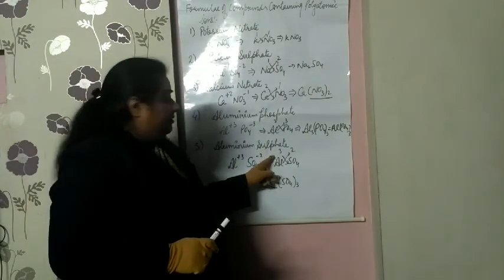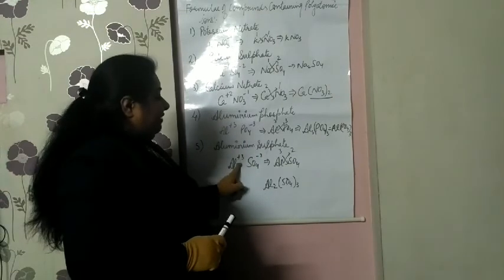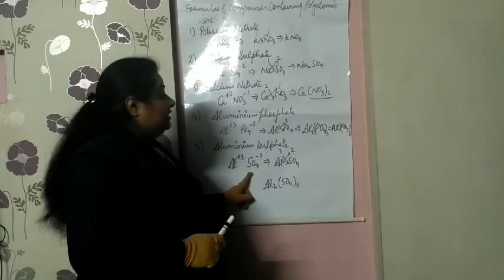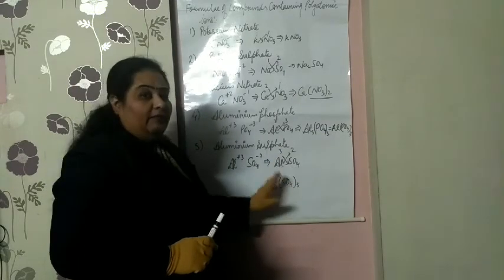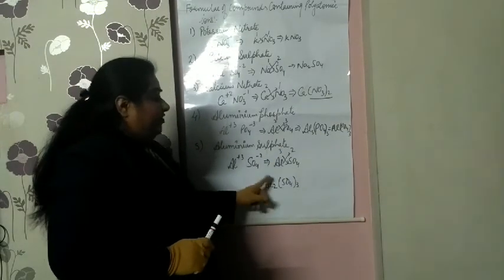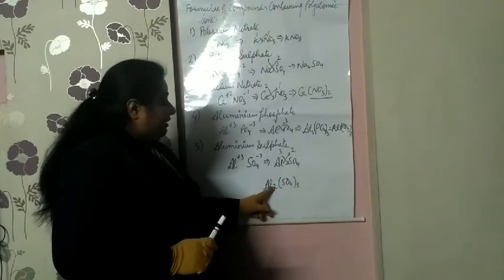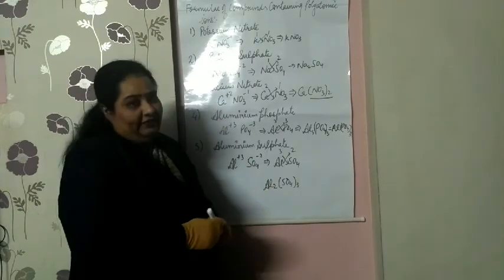Aluminium sulfate, right? Aluminium +3 valency, sulfate -2 valency. Aluminium 3 and sulfate 2, crisscross method multiplied, same as I have told you, Al2(SO4)3 is coming.